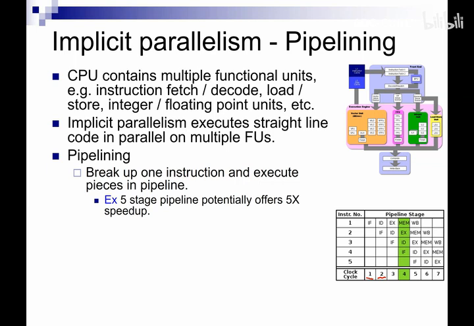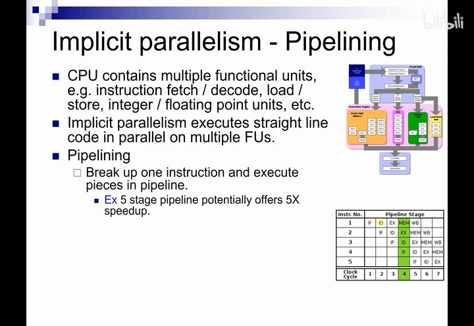Okay, so let's go through an example of this. Here on the right, we have a 5-stage pipeline. The steps of the pipeline are the instruction fetch, the instruction decode, the execute, the memory operation, and the write back. Now time here is going horizontally. On the first time step, we're going to take the first instruction and fetch it. That's going to use the instruction fetch unit.